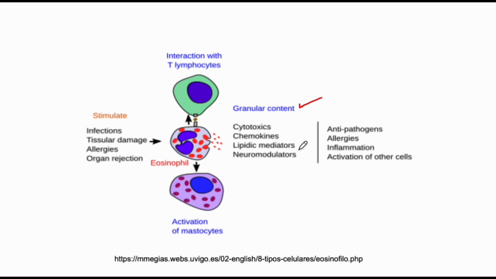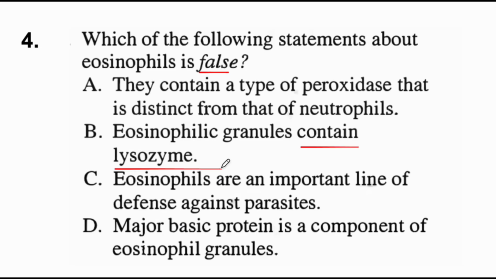These confirm their key role against pathogens and allergies as mentioned in the question. They lack lysozyme. Lysozyme is a key component of the granules in neutrophils and monocytes. This is a key difference between the cell types.